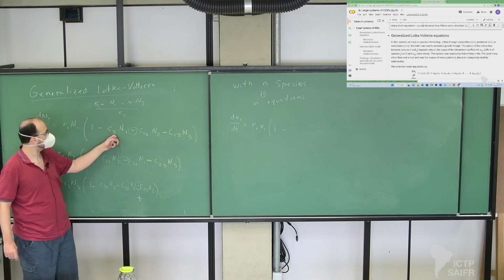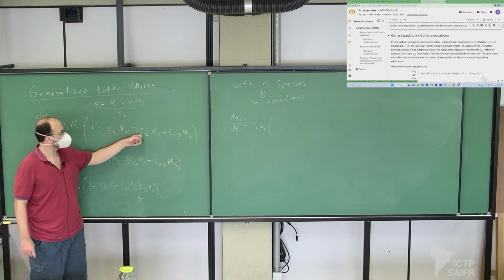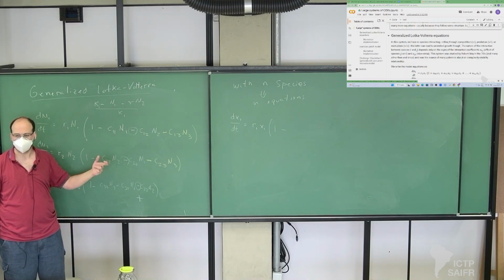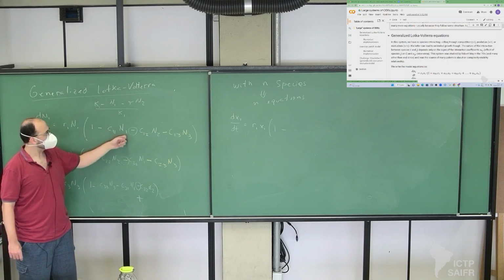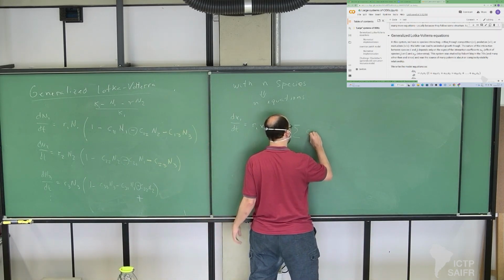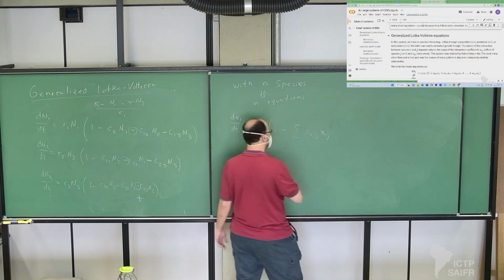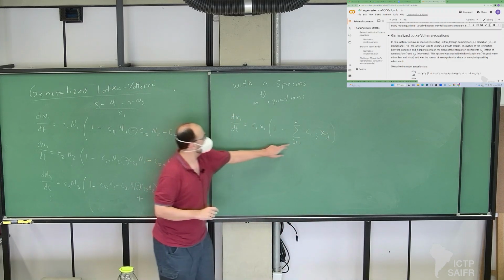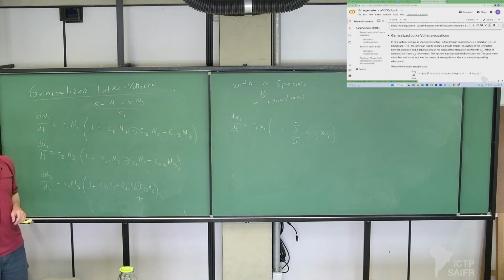I will always have c1, and the second index is the index of the species that is competing with species 1, or predating species 1, or collaborating with species 1. So we have c1j, the sum of c1j xj, with j going from 1 to n, that is, the sum over all of the n species, n populations.